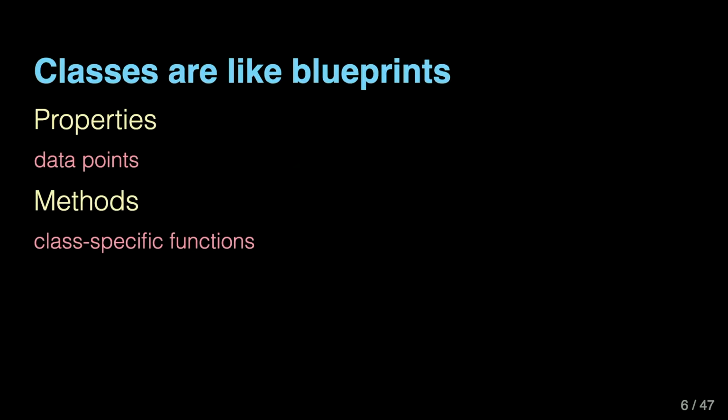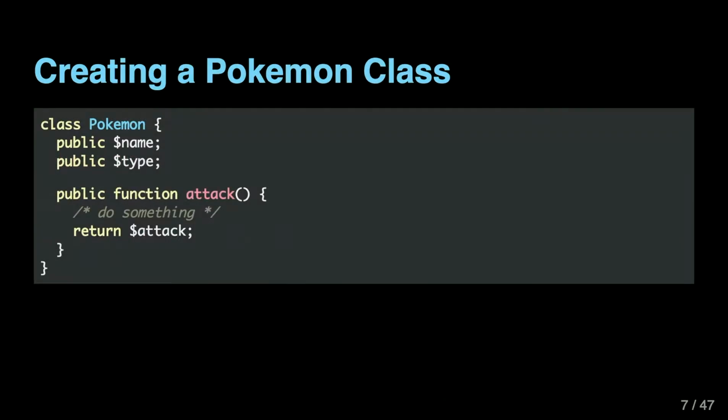Now we're going to look at the code for our Pokemon class. When you're creating a class in PHP, you have the class keyword, and then the name of the class. The first two things underneath class Pokemon are what we were calling the properties or the data points of the class. So for Pokemon, we have a public variable called name and a public variable called type.